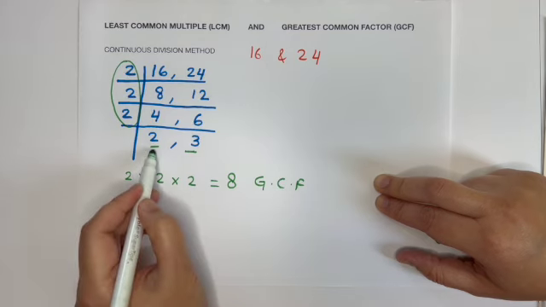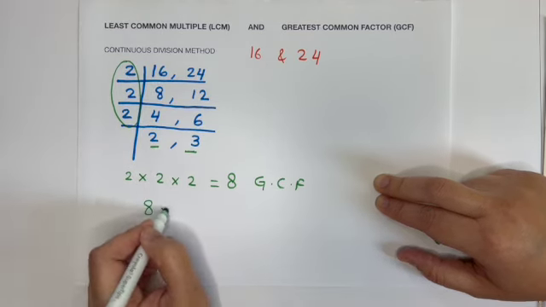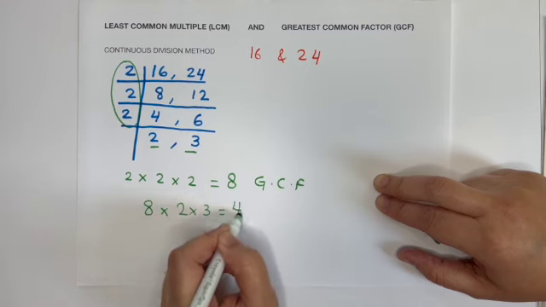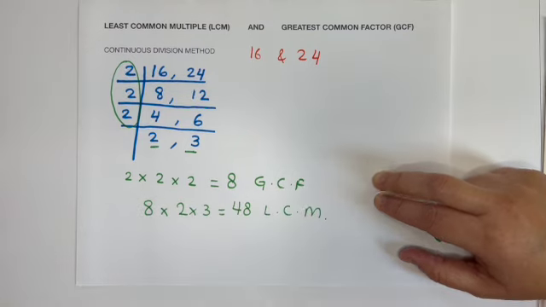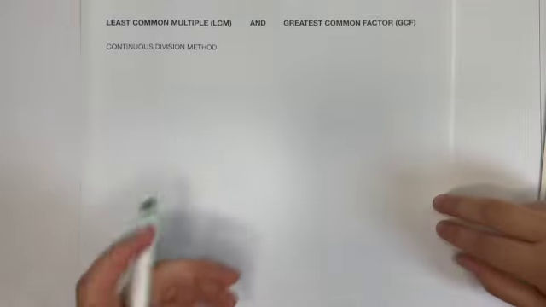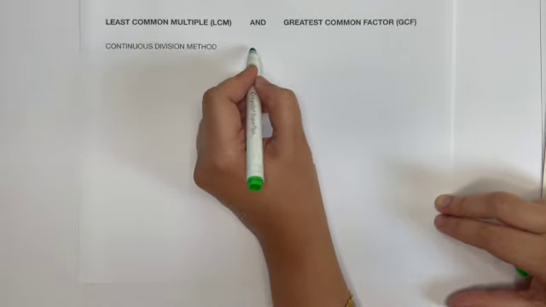And when I multiply the common factors along with the left out numbers, that is 2 and 3, I end up at 48, and that's my least common multiple. So think about it: 16 times 3 is 48 and 24 times 2 is 48.